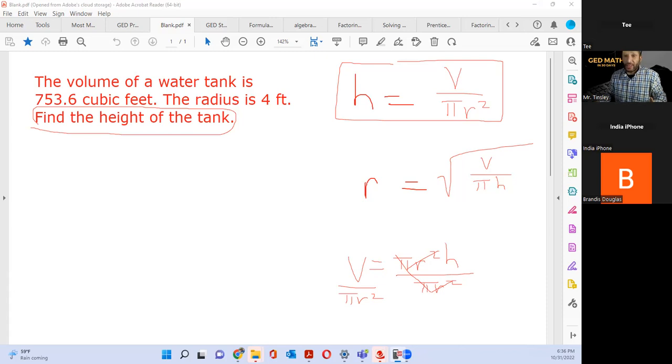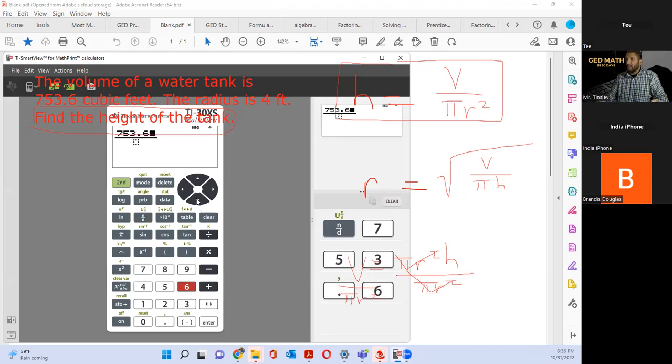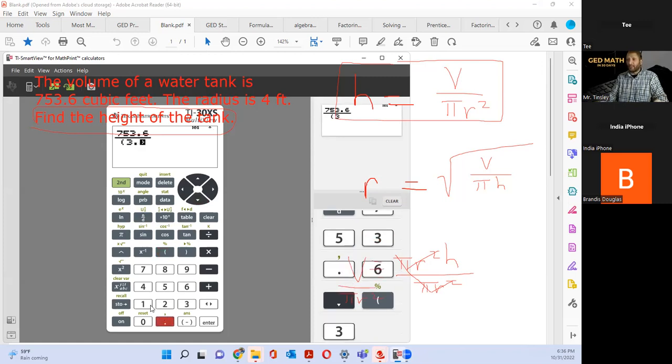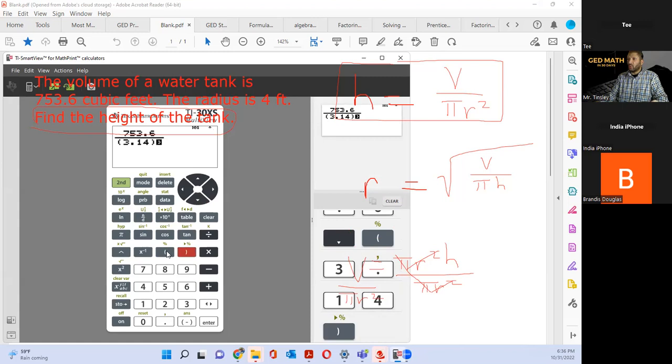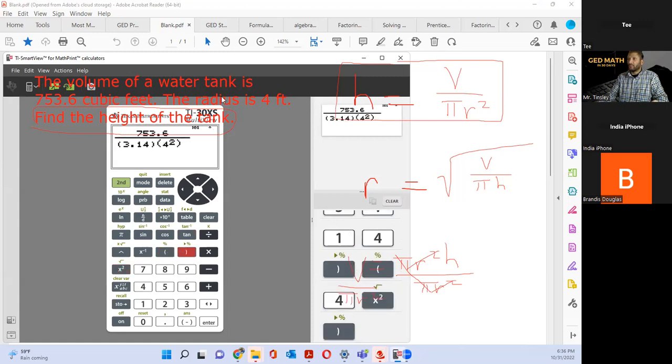Calculator. Grab your calculator. This calculator is your friend. I'm going to hit the fraction key because I know I'm dividing. My volume is 753.6 divided by pi r squared. We should know pi by now. What's pi? 3.14. And the radius was what? 4 feet.